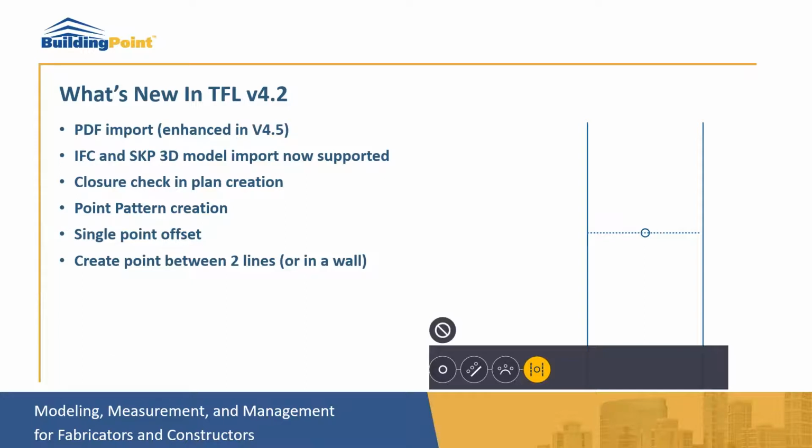Like I said, so if a plumber has a drawing of a building with the divisions inside that building, it needs to position some pipes and make sure that they fall within the wall. They can zoom in to that division, select those two lines that define that division, and then click in the middle or anywhere between those two lines, and the point will be created just like we see here on the screen, dead on the center of those two lines.